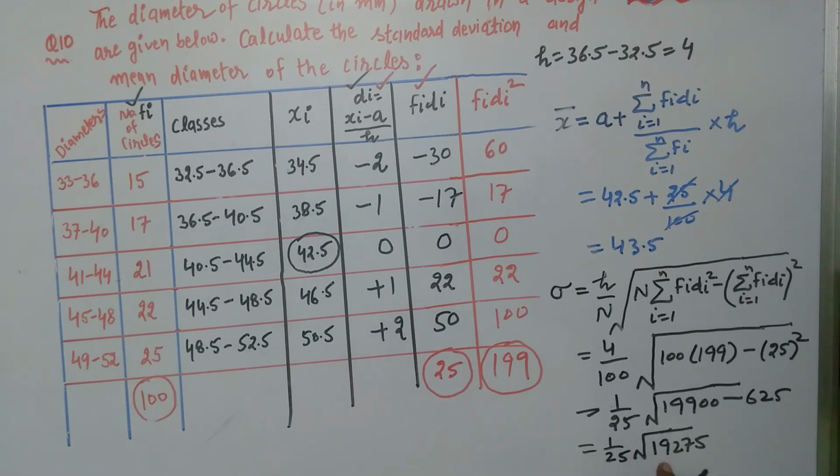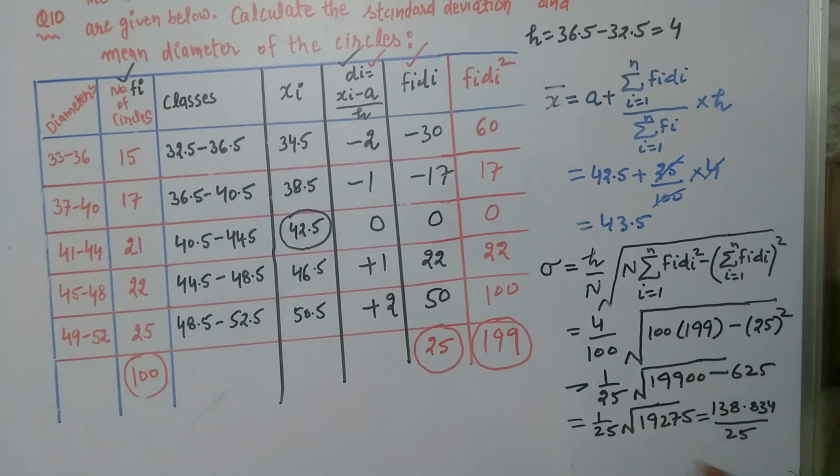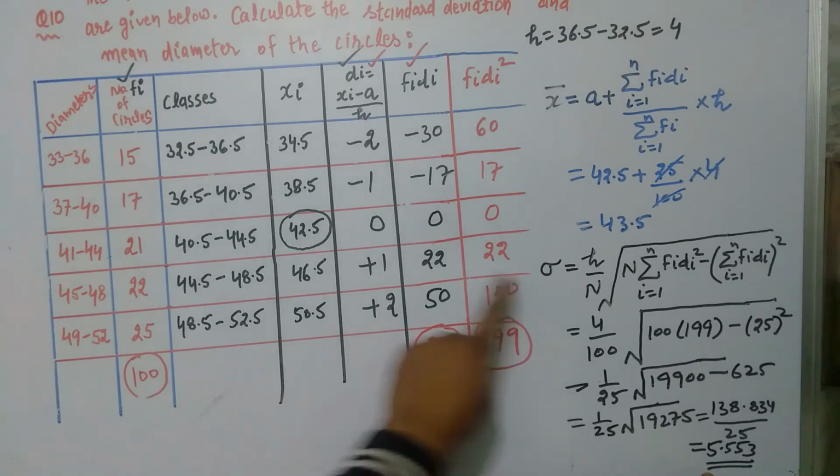The square root of this is 138.834 divided by 25. Now on dividing this we get 5.553 as the answer. So this is the standard deviation.